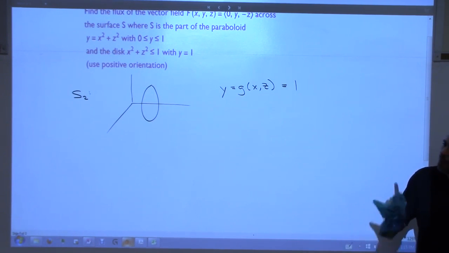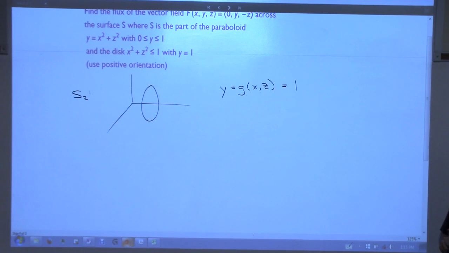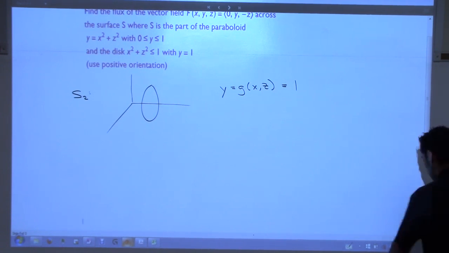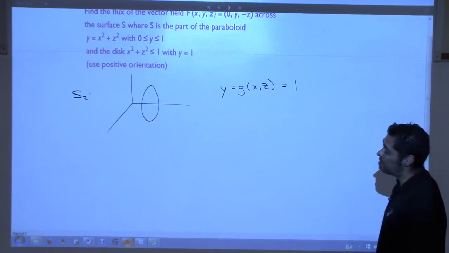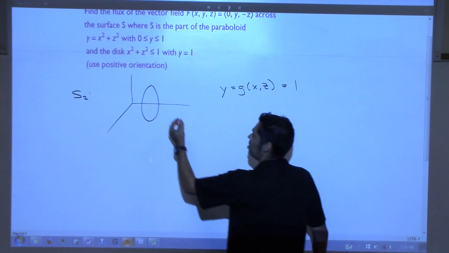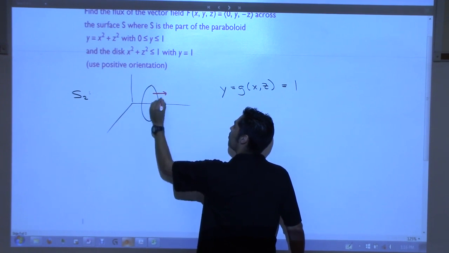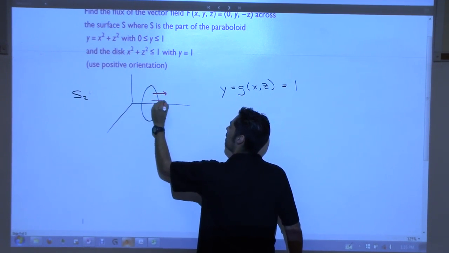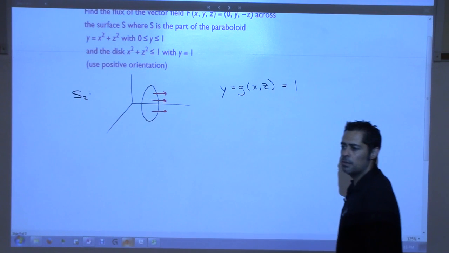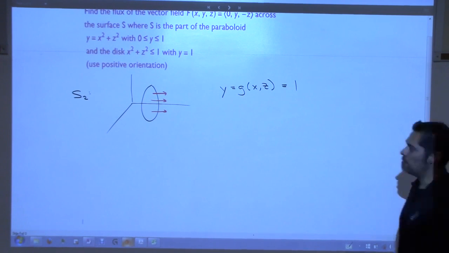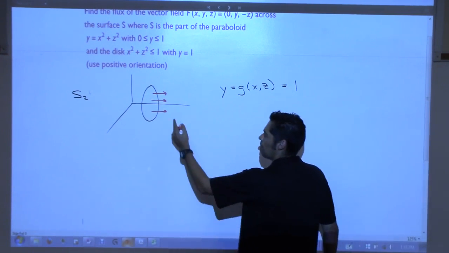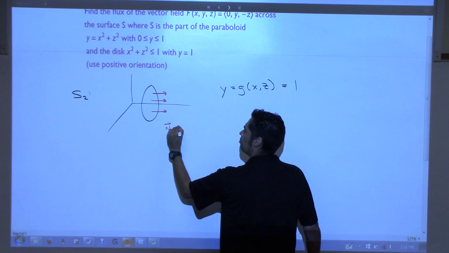That's one approach. I'm not going to do that approach. I'm going to do something a little different. It's faster, and I think you'll appreciate it. All right, so look at this. Because it's a plane, what can you tell me about the normal vectors that are pointing off any point on that plane? Tell me about a unit normal vector that would be coming off of that. What does it have to look like? Any normal vector.